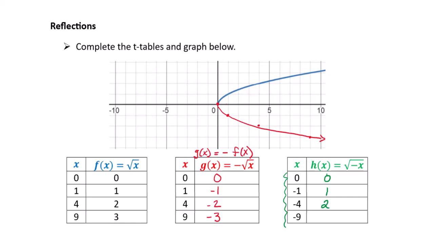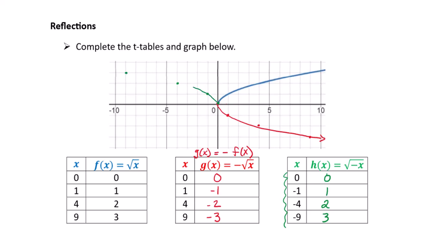Putting in a negative 9, the opposite of negative 9 is positive 9, and the square root of 9 is 3. Let's see where that lands us. I have (0, 0), (-1, 1), (-4, 2), and (-9, 3).